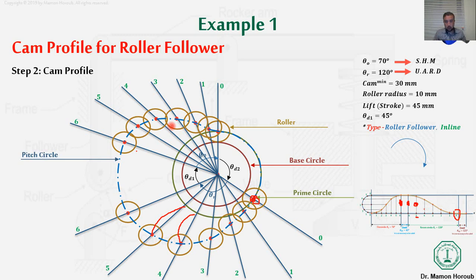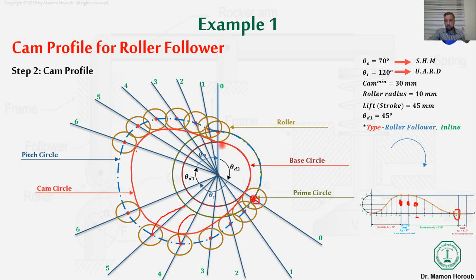Now, what is the meaning of CAM profile? If I subtract from the pitch circle the amount of the radius of the ruler, it will give me what we call the CAM profile. How can I draw the CAM profile? I just move my cursor or my pen tangent to those orange circles, or to the ruler, as we will see here.